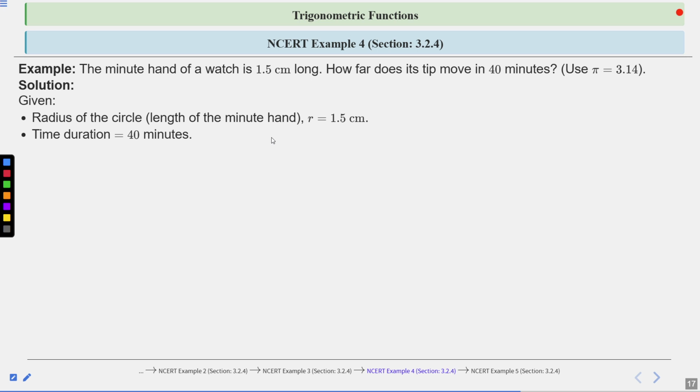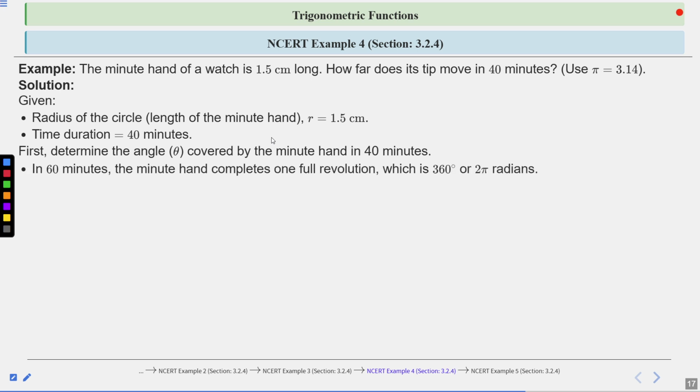In order to get the distance, how far this tip moves in 40 minutes, first we have to determine the angle covered by the minute hand in 40 minutes in order to use our formula, theta is equal to arc length by radius. So in 60 minutes, the minute hand completes one full revolution, which means 60 minutes is equivalent to the minute hand making 2 pi radians or 360 degrees.